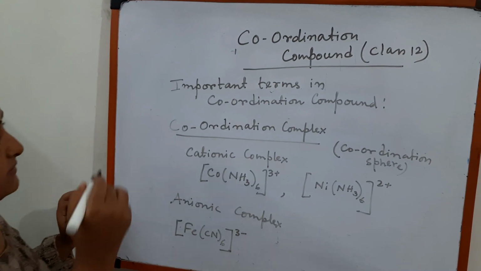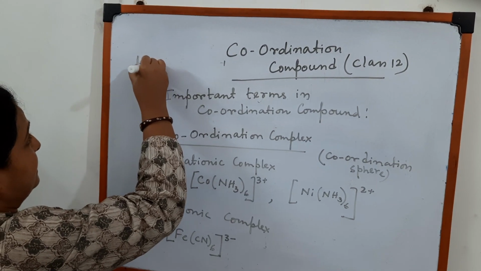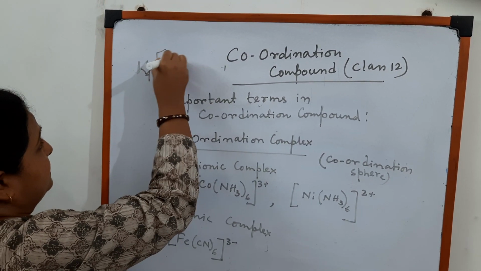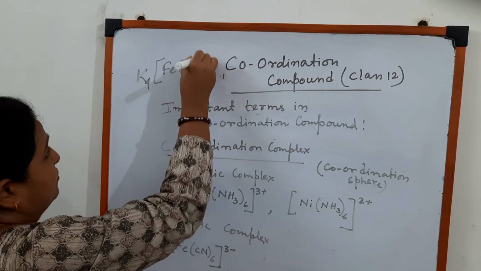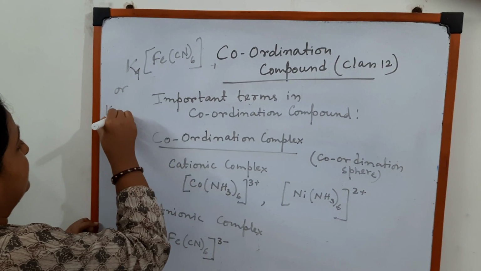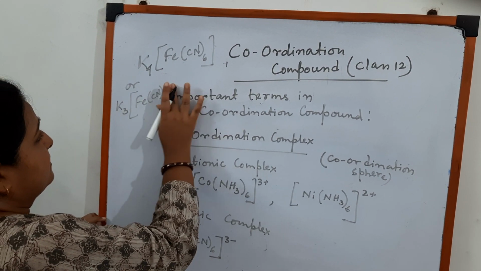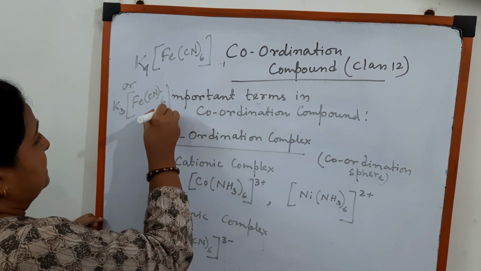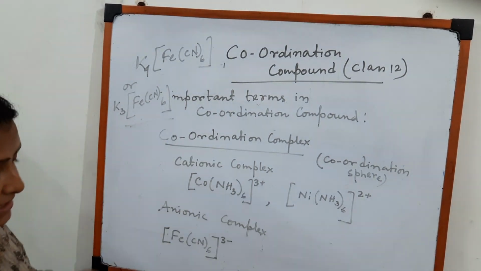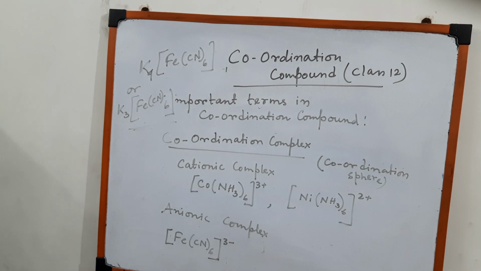Now there are several important terms to learn about coordination compounds. First, suppose in the previous structure I have taken K4[Fe(CN)6], or another compound K3[Fe(CN)6]. Just see, this part present in the square bracket is called the coordination sphere.